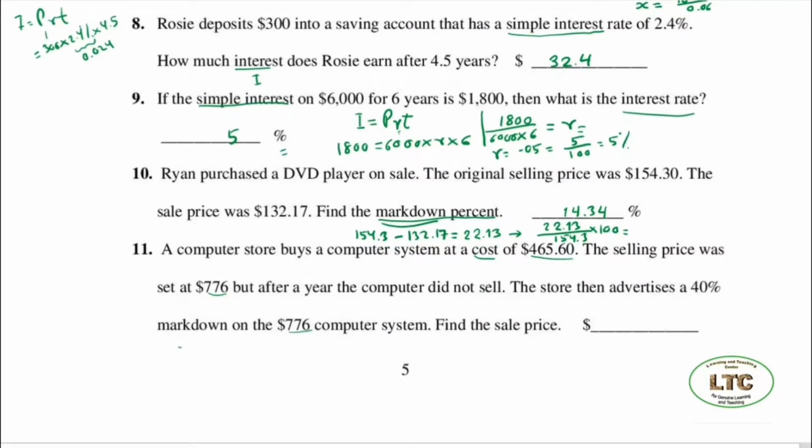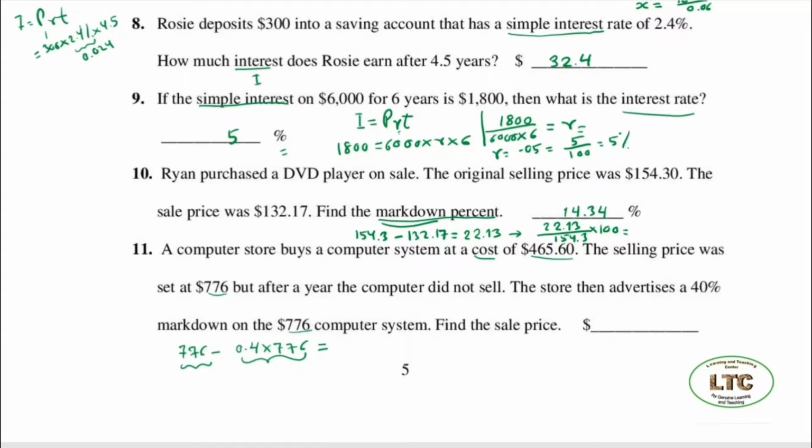So originally 776 and markdown is 40%. 40 over 100, 0.4 off 776. This is a markdown. Okay, original price, tag price. Yeah, this is the actual sales price.